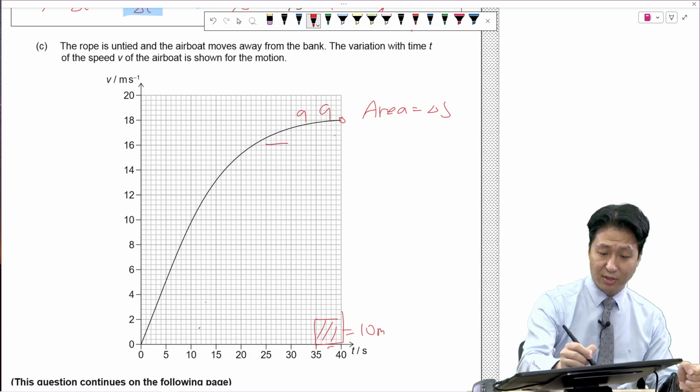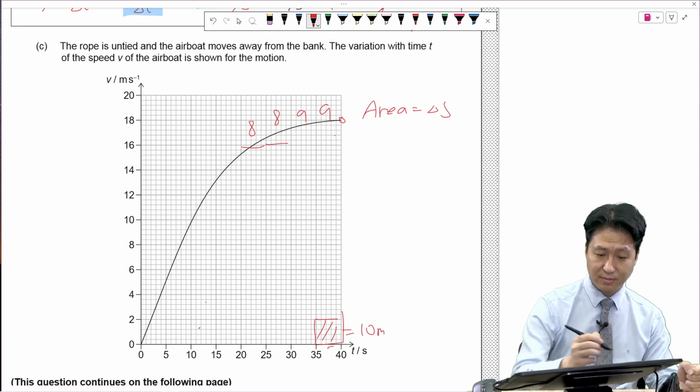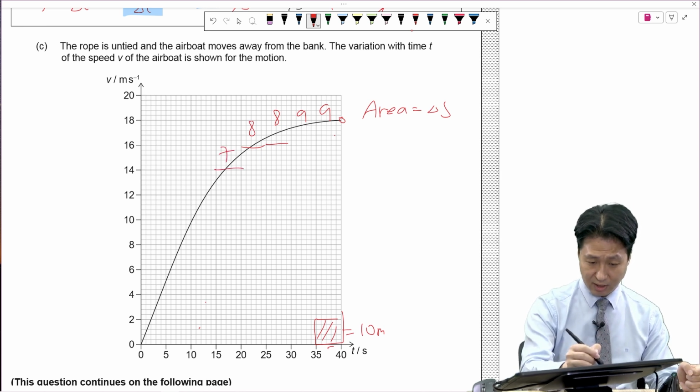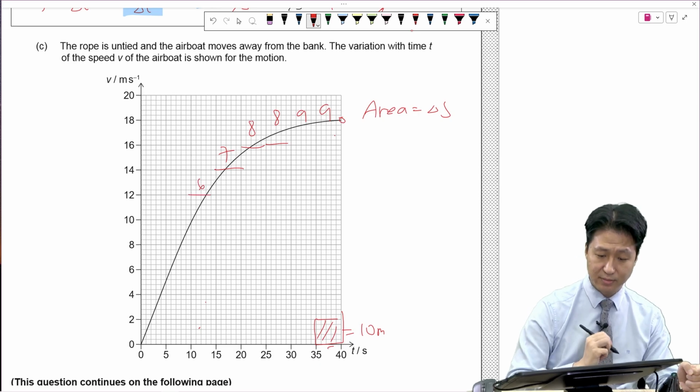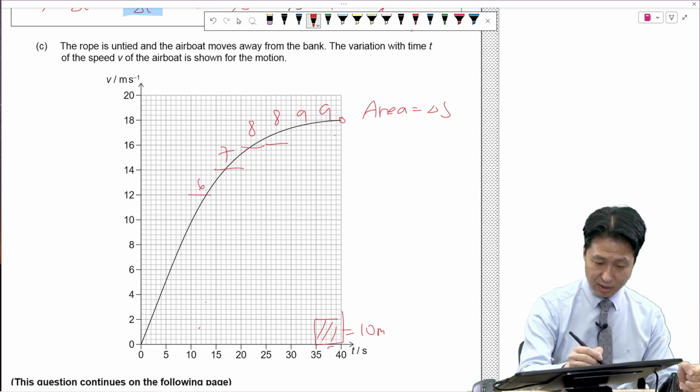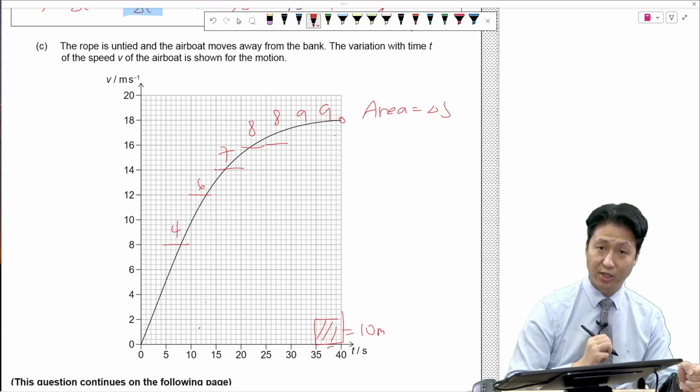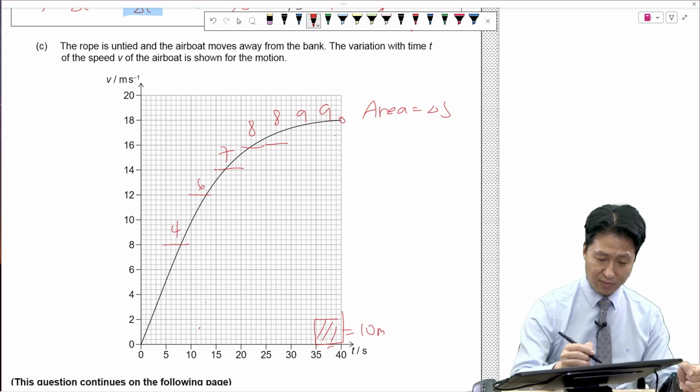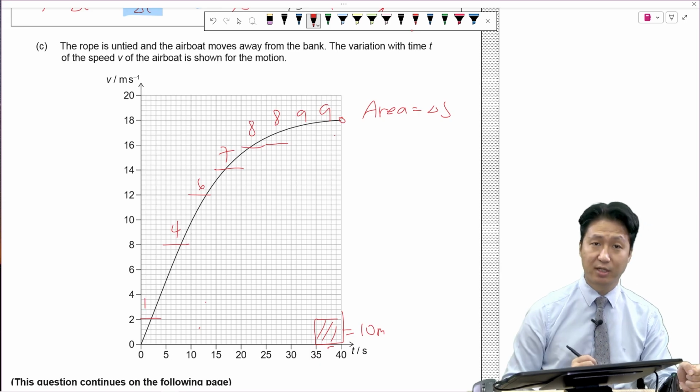Let's say the third column will have about 8. This was also about 8. Let's say this is about 7 squares. Let's say this is about 6 squares. Let's say this is about 4 squares. And we can think of this as maybe just 1 square, a little bit more than 1.